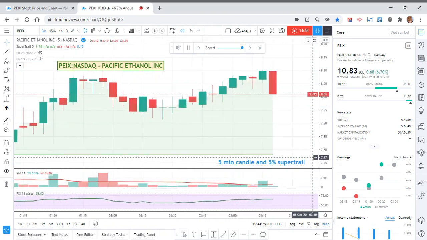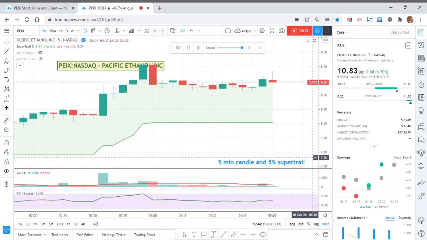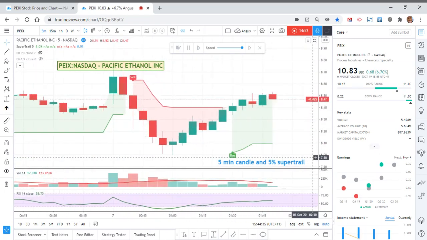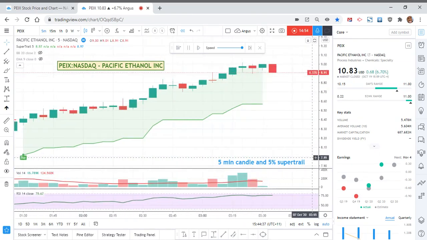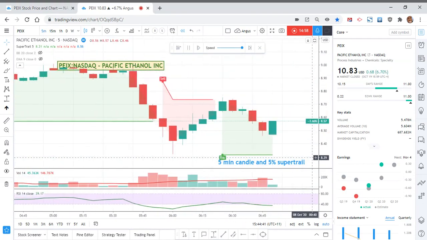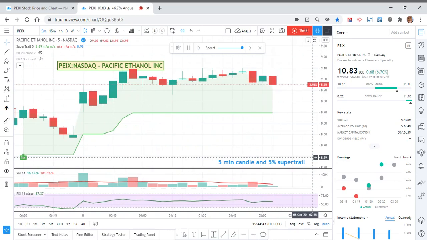So we're back up at the $8 mark. Nice little run through there. Got out as it dipped.